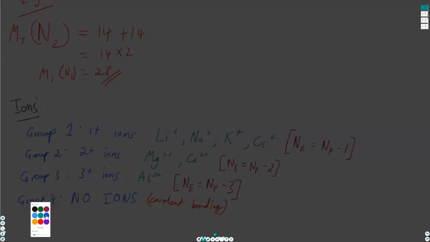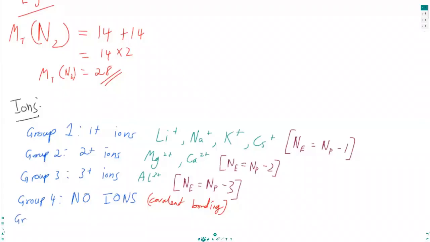Now it gets different when we move into group 5. Group 3 is basically the threshold for the positive ions, for the cations.